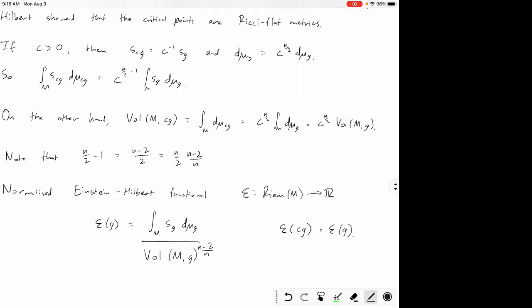Alternatively, instead of dividing by some strange power of the volume, you could have restricted your functional to the Riemannian metrics of volume 1. Then that removes this possibility to rescale the metric, because if you rescale the metric, you change the volume. They're equivalent formulations. But because I wanted to look at the functional on the space of all Riemannian metrics, I just divide by this power of the volume.